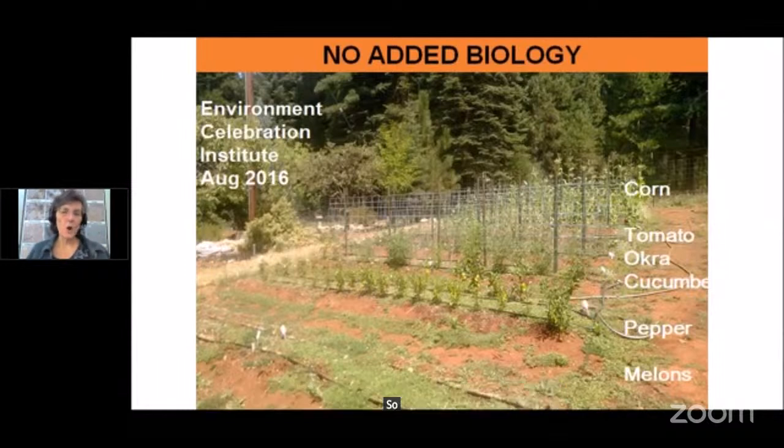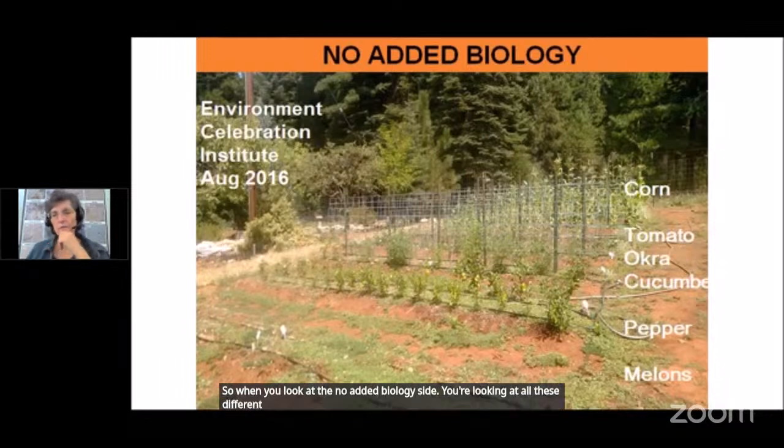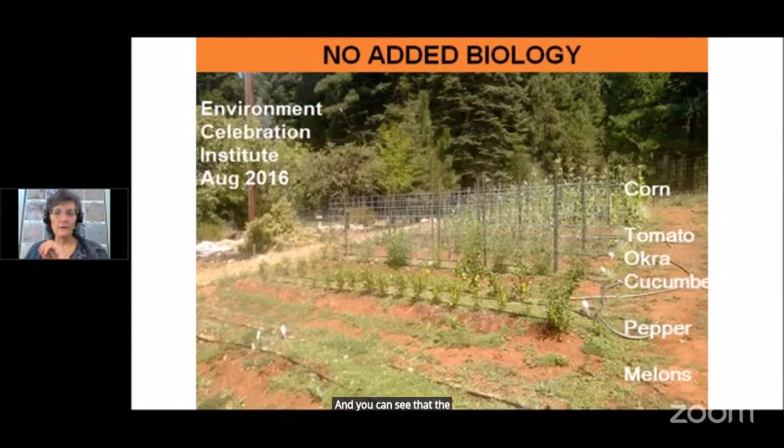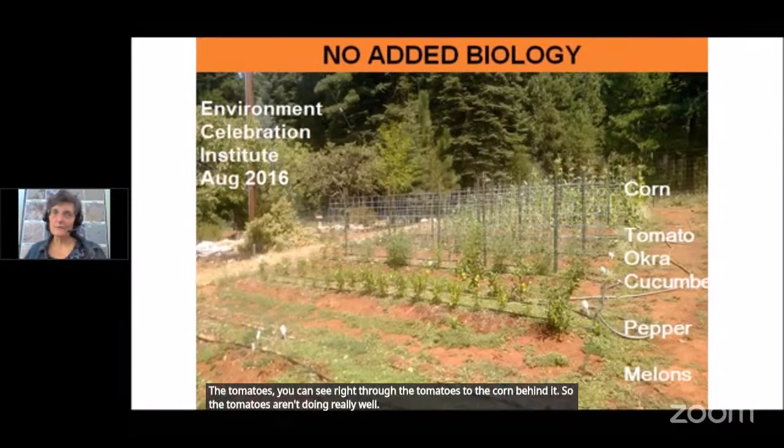So when you look at the no added biology side, all these different plants are indicated along the right-hand side. And you can see that the corn is just tasseling out. The tomatoes, you can see right through the tomatoes to the corn behind it, so the tomatoes aren't doing really well. The okra has not really taken off at all.